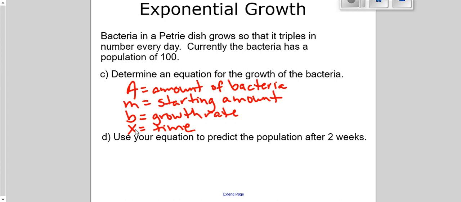So we can use all this information in this formula. A equals M times B to the exponent X. And that can represent our exponential growth.